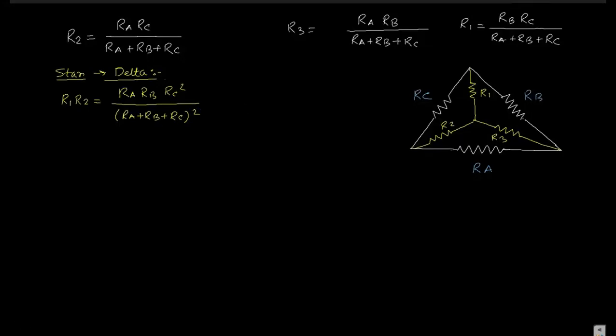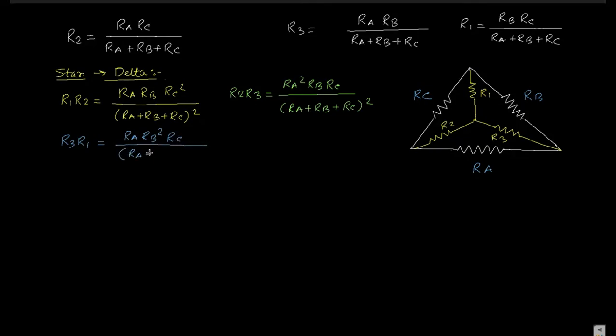According to that, if you consider R2 R3, it becomes RA square RB RC whole divided by (RA plus RB plus RC) whole square, and R3 R1 becomes RA RB square RC whole divided by (RA plus RB plus RC) whole square.